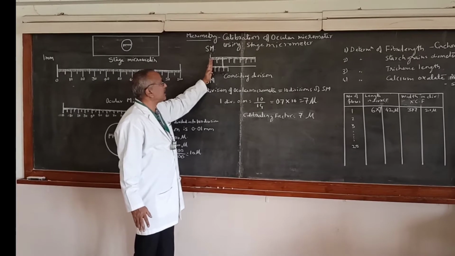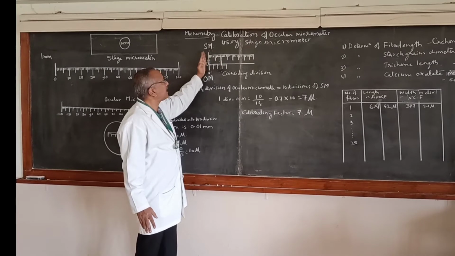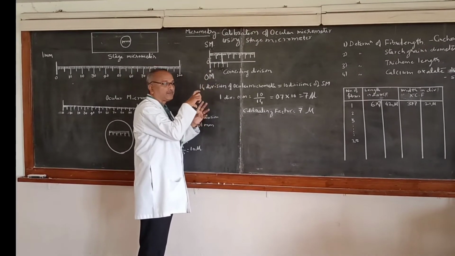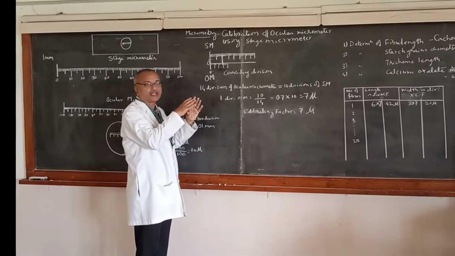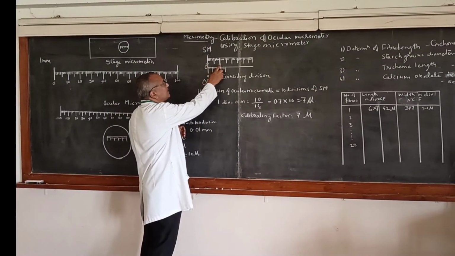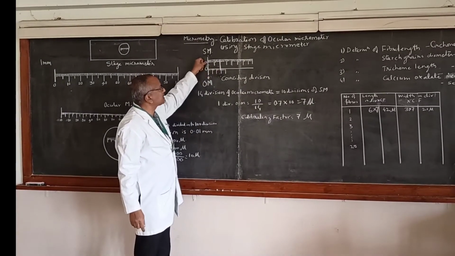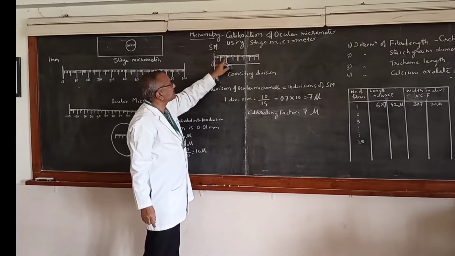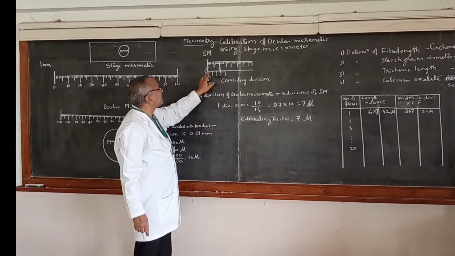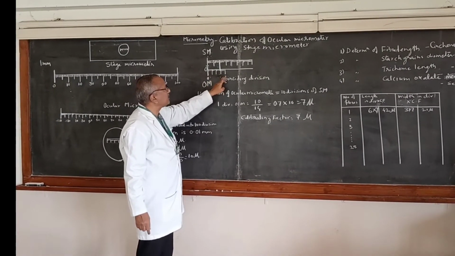Then you have to adjust the ocular micrometer to one of the units and make it the first unit itself. Then you have to superimpose and take it nearer to the stage micrometer. They have to be taken closer to superimpose, and here the nearest coinciding division is to be identified. So in this case we have identified the 10th division of the stage micrometer, which coincides with the 14th division of the ocular micrometer.